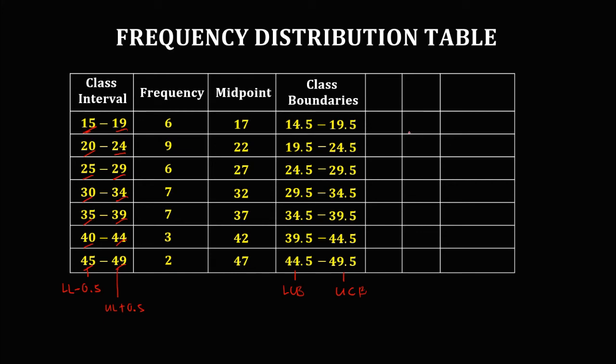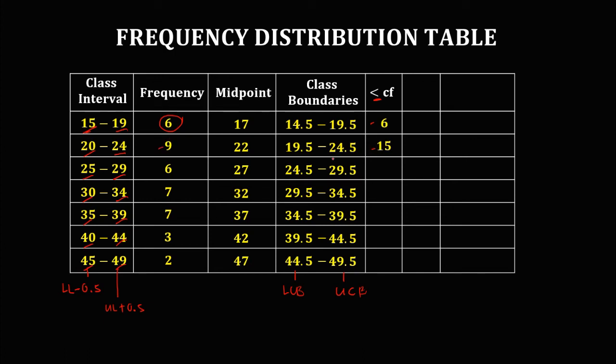Then for the cumulative frequency, let's first solve the less than cumulative frequency. Since it's less than, we need to start on the first class. We write the frequency of the first class, 6, and then do the running sum. So 6 plus 9 is 15.